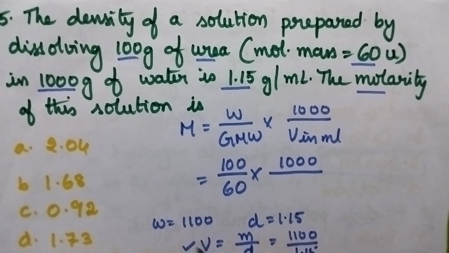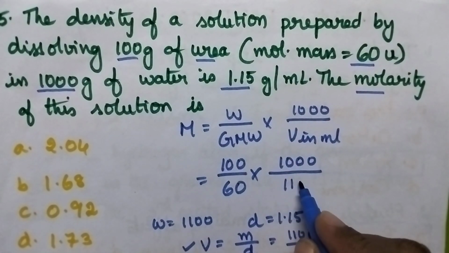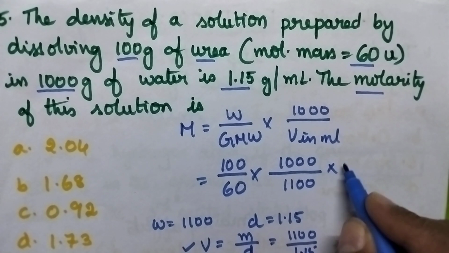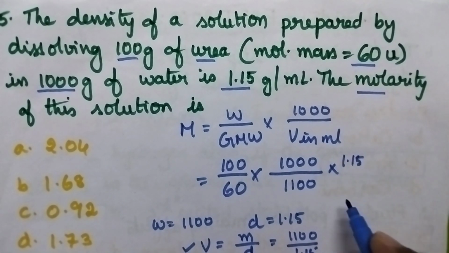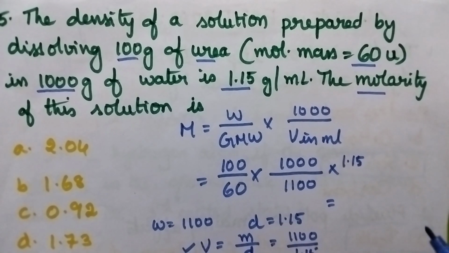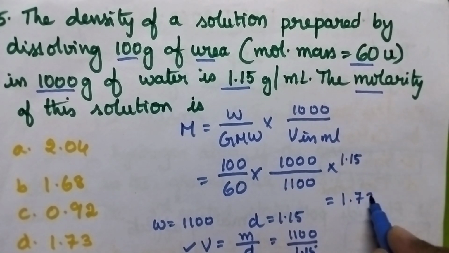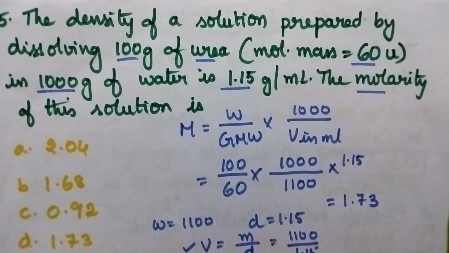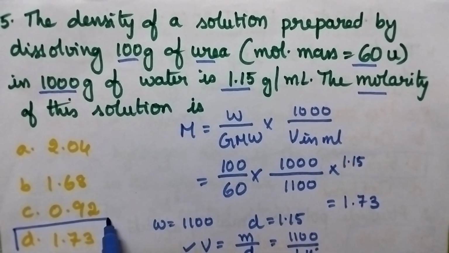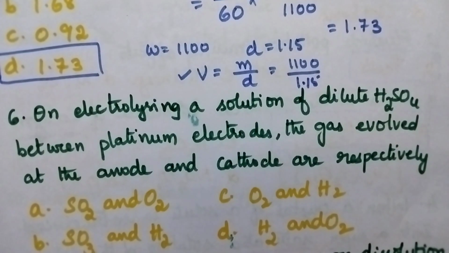Substituting this value for the volume and calculating, you will get 1.73 as the answer. So here, option D, 1.73, is the right answer.